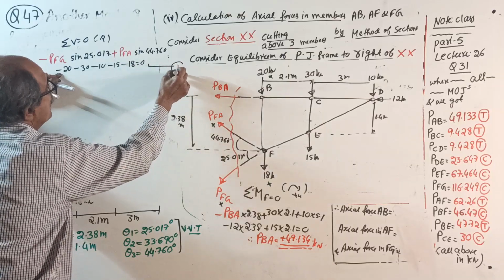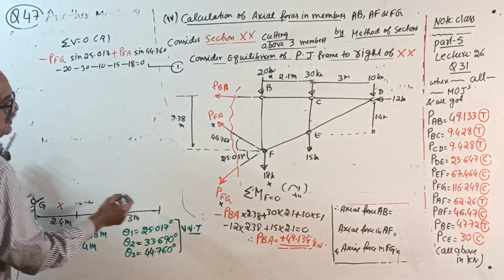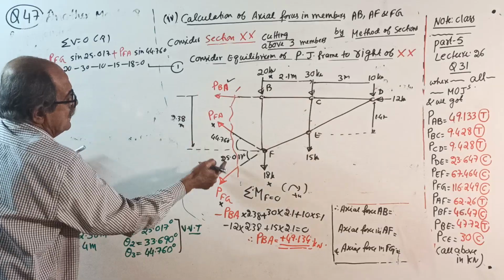Call this equation number 1 in terms of unknowns. Now P_BA is known, the other two are unknown.